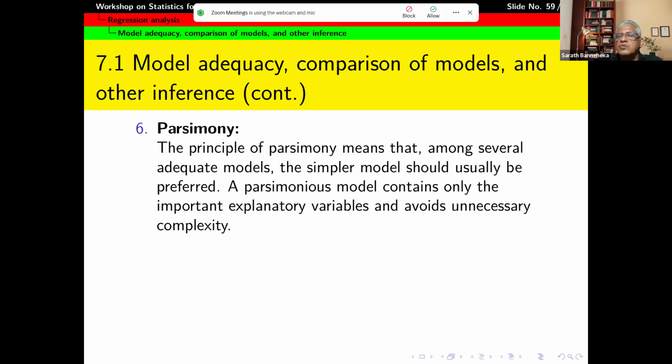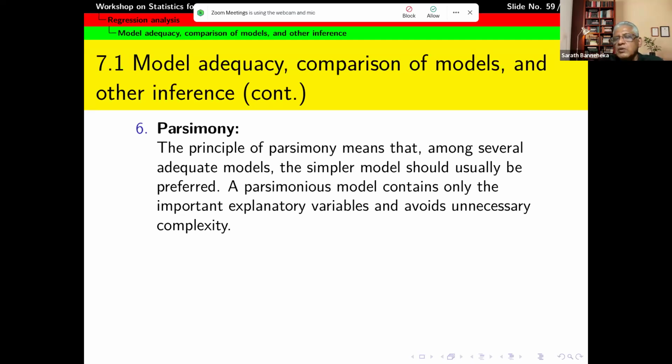Very extreme transformations make the model difficult to understand and interpret, right? Sometimes you can get a good model if you include very, very complex transformations of X variables. But then in that case, you don't know what it really measures, right?